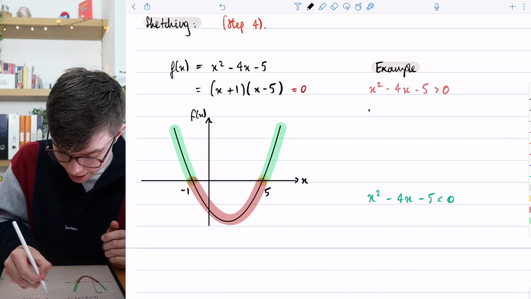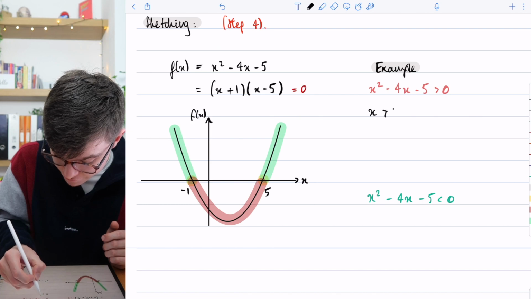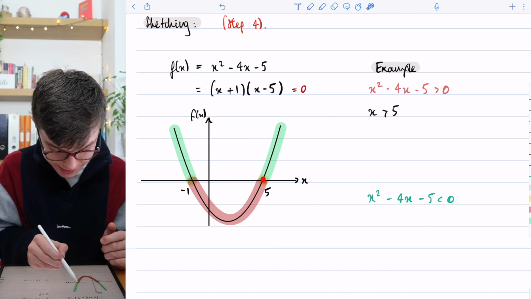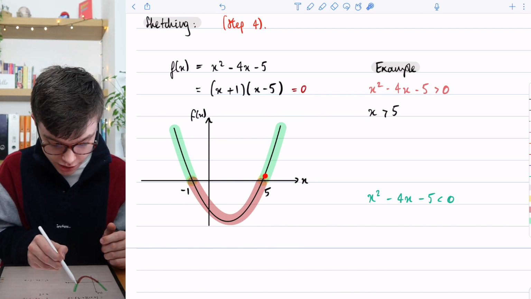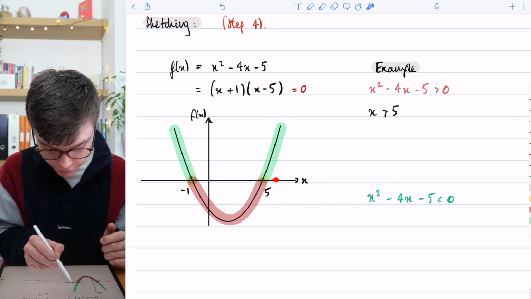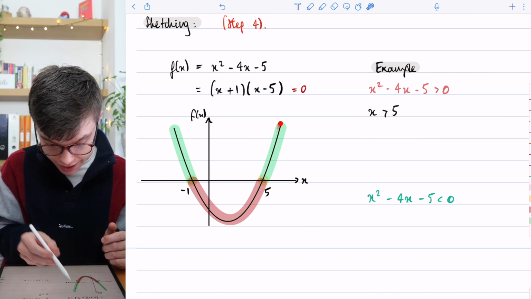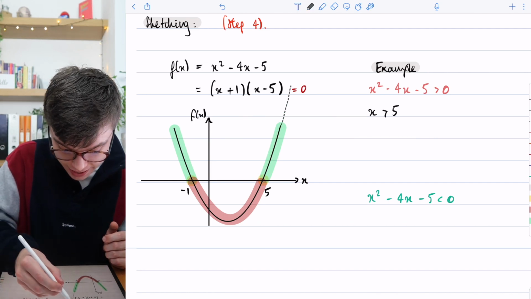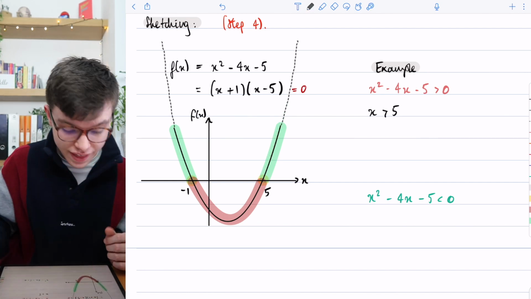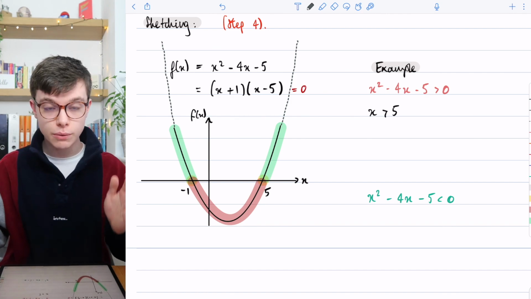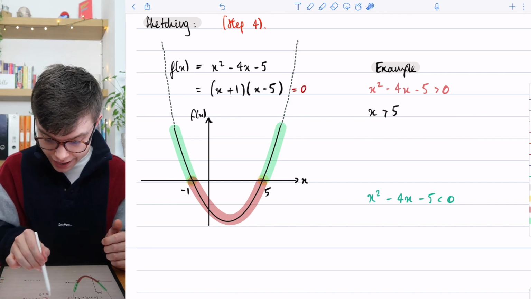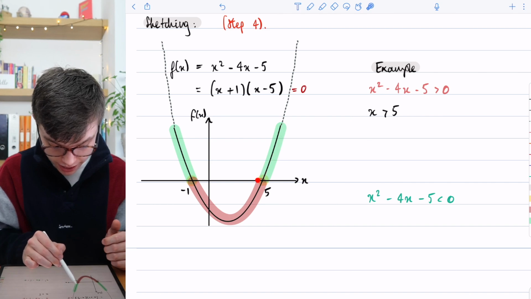So it's where x is greater than 5, because this is x at 5 here. So it's anything you can see, the green kind of goes past the x. It's all of this part of the green bit here. And of course, this carries on forever like that, okay? You know, we'll continue off the screen. So we can see that x is greater than 5 will give us where the graph is greater than 0.